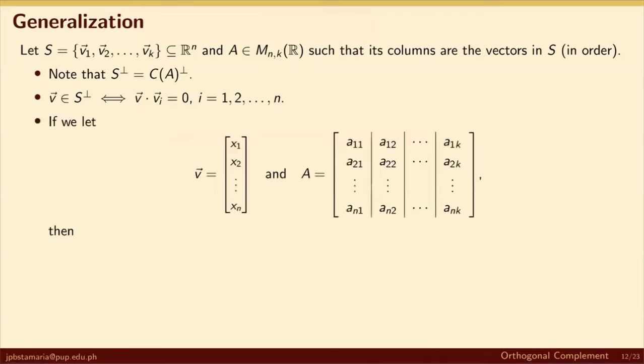So if you take a look at this, if I put components to V, let's say x1, x2, up to xn, and imagine this as your A, this is your V1, this is V2, this is Vn. We're saying that this vector dot this vector is 0. This vector dot this vector is 0. This vector dot this is 0.